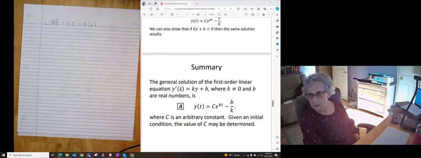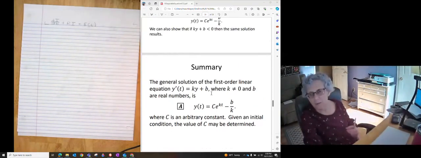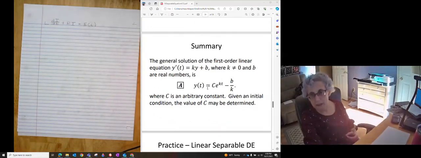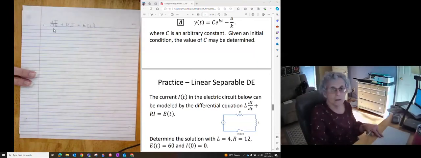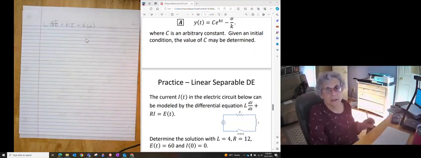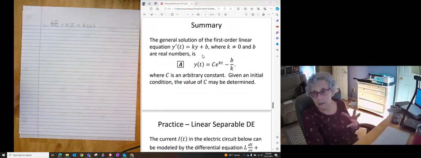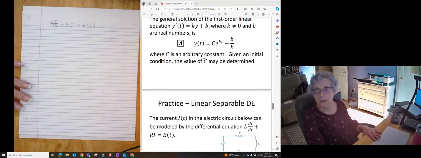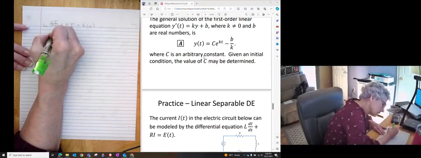So let's look back. y of t, or y prime, equals ky plus b. I would really like to make this look more like that linear separable equation. So let's isolate the di dt.